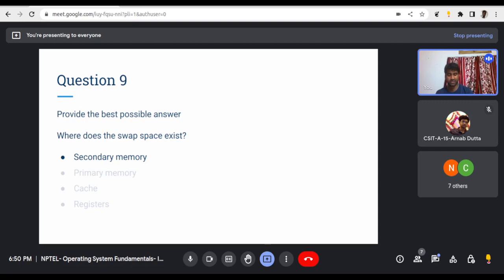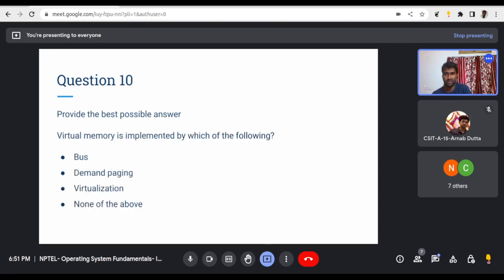That is where the swap space comes into play. We studied that the frames that are unused in the main memory are swapped out into the secondary memory, in order to bring the active frames that will be used currently into the main memory.